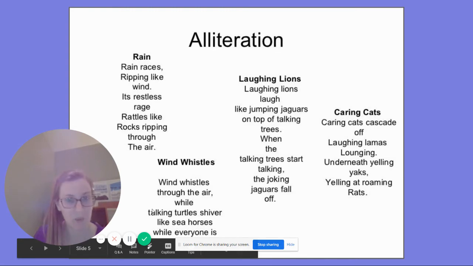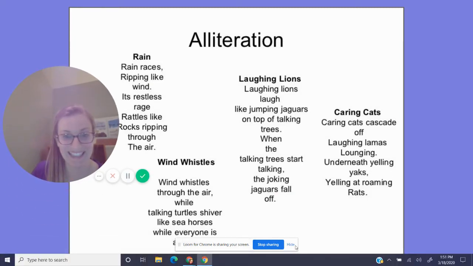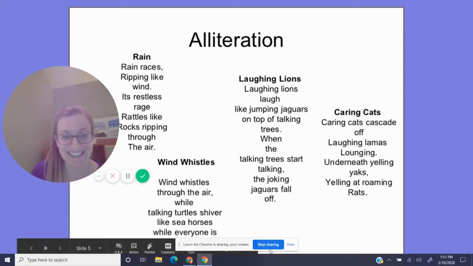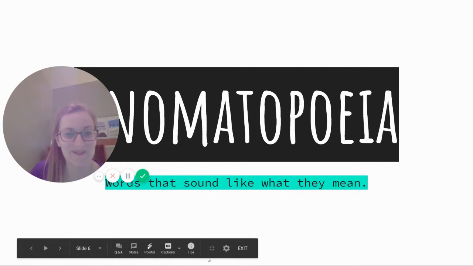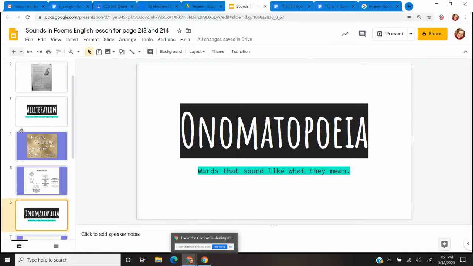So I'm going to read Wind Whistles. Wind whistles through the air. Wow. Talking turtles shiver like seahorses while everyone is... I can't see that last word. While everyone is, can you guys see it?